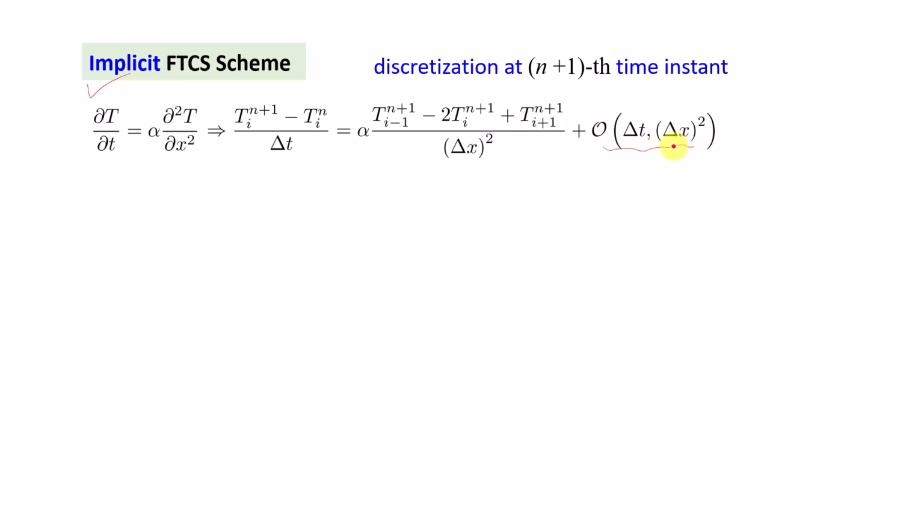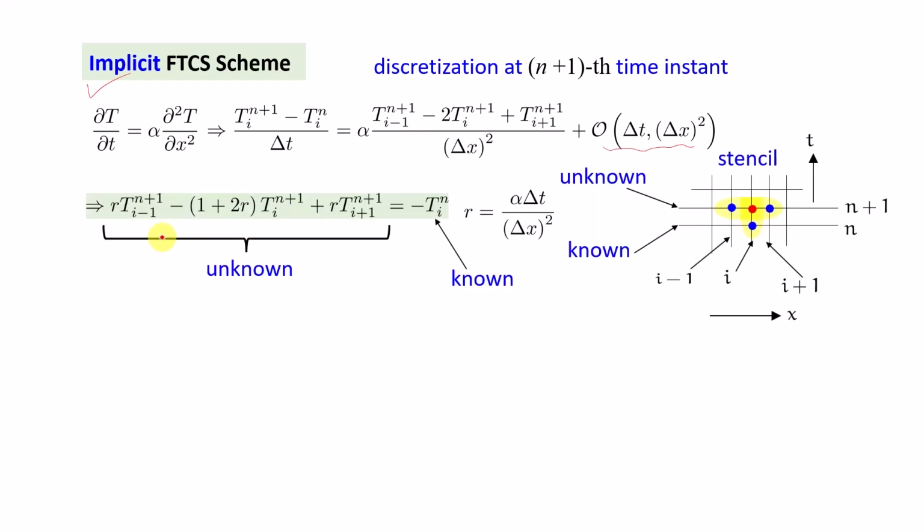It is still of order delta t and delta x square, but it changes something else. It changes the stability criteria quite a bit, but it also creates a completely new kind of solution approach. If we now take n plus 1 on the left side and n on the right side, the nth time level is known and the n plus 1 time level is unknown.